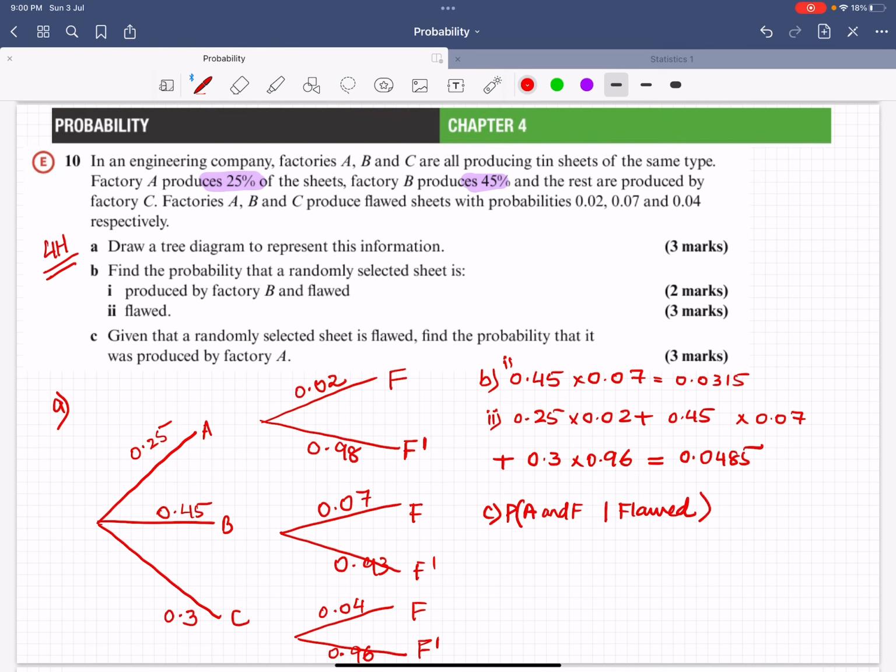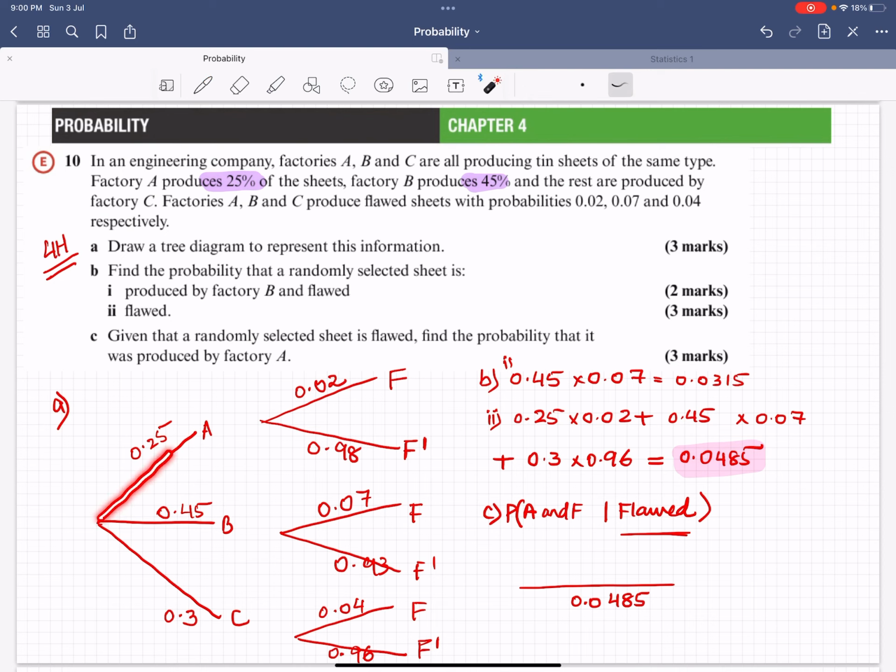We already have the probability of flawed in general. So any factory A or B or C producing flawed is 0.0485. So this is our denominator. We are going to put 0.0485 as our denominator.